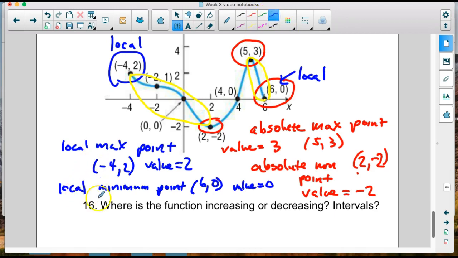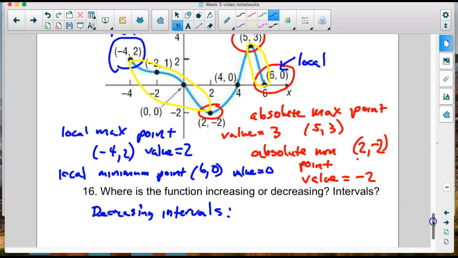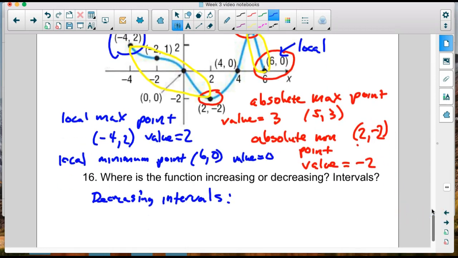So our decreasing intervals, and remember when we do intervals, we're looking for x values here. We'd start at the x value of this lowest value here, so -4, and we went to 2.